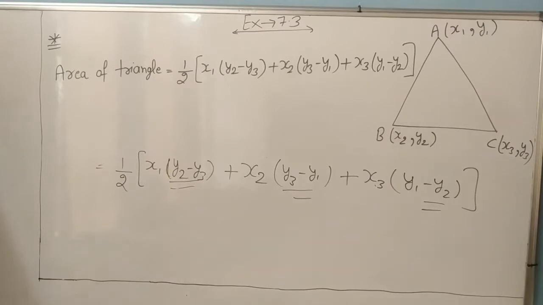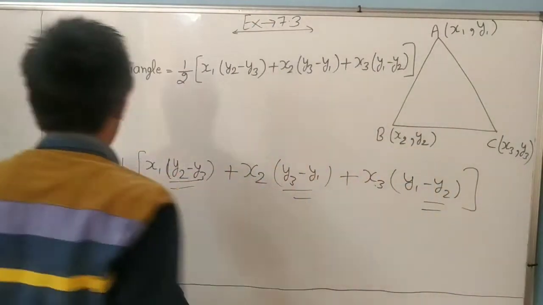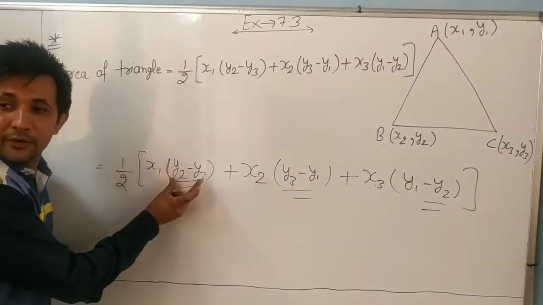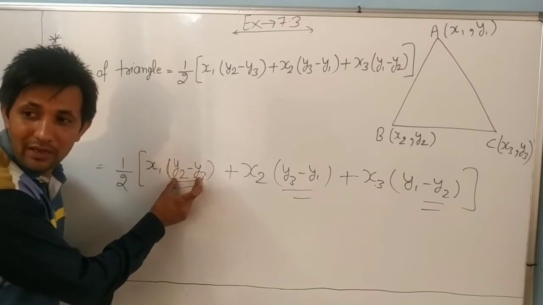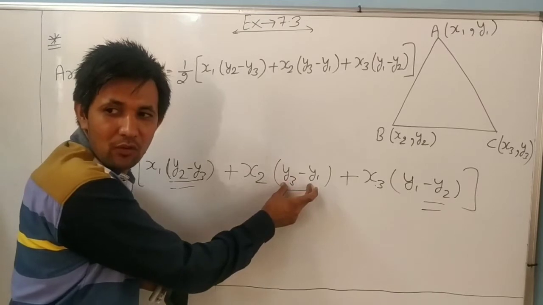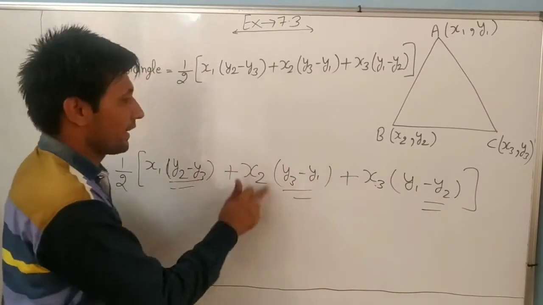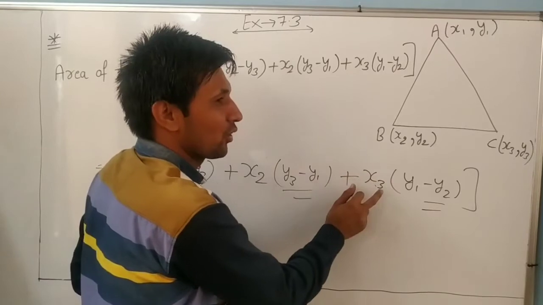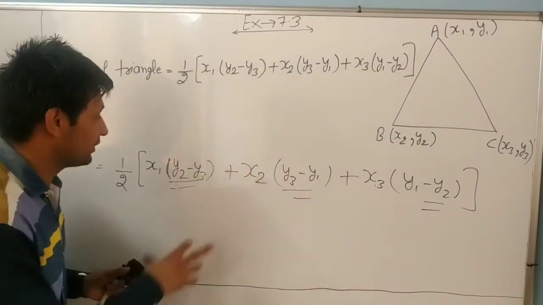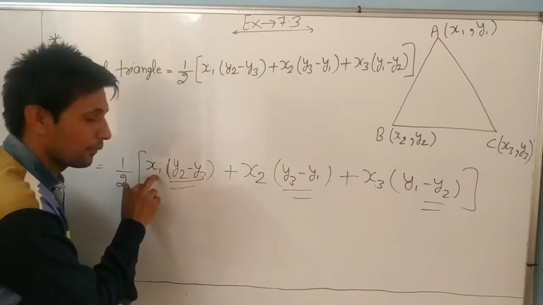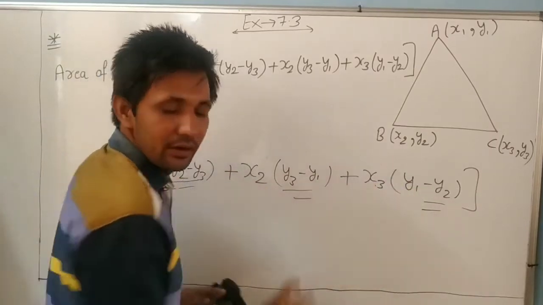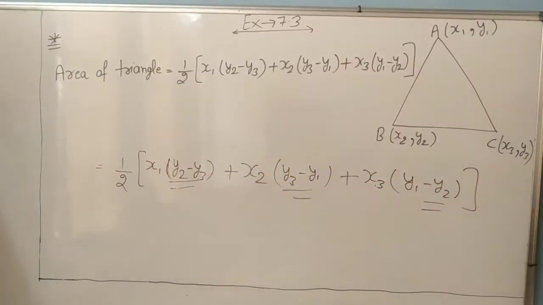You can also remember this formula like this: multiply by 1/2, x1 multiplied by the difference of y coordinates, plus x2 multiplied by the difference of y coordinates, plus x3 multiplied by the difference of y coordinates. The y coordinates always come in this form: if x is 1, then y is 2 3; 2 3 1; 3 1 2. So remember it like this, okay dear? Note it down.